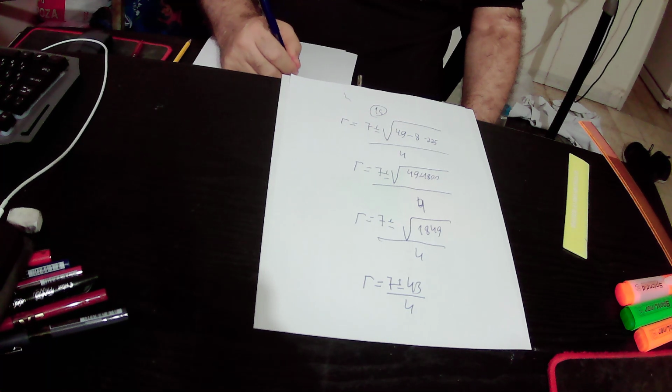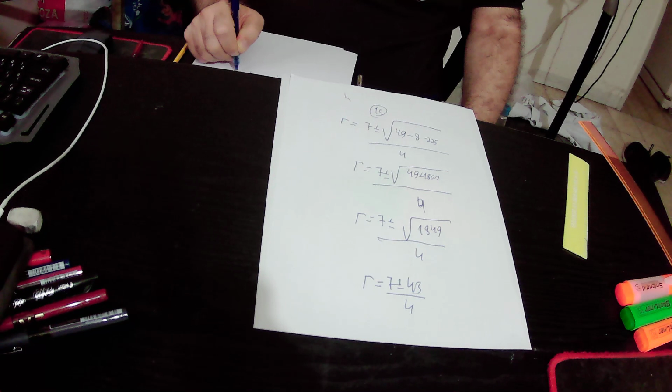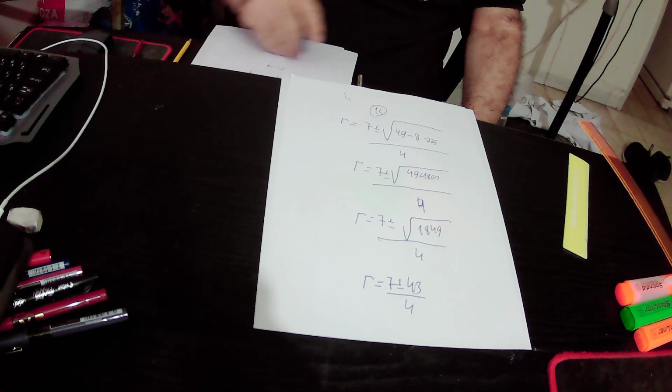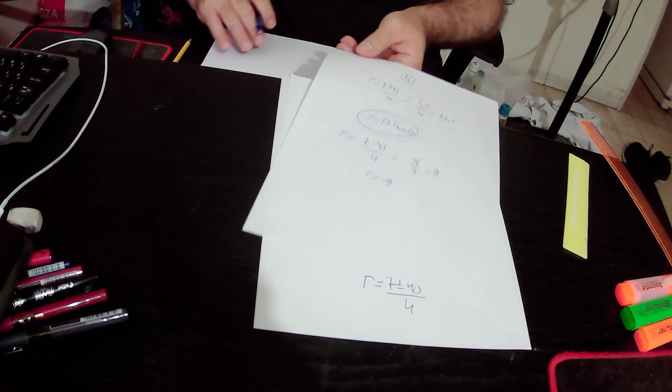But we have also a second solution. The second solution to the quadratic equation is r equals 7 minus 43 over 4. 7 minus 43 is minus 36 over 4. 36 over 4 is 9. So we got that r equals minus 9.